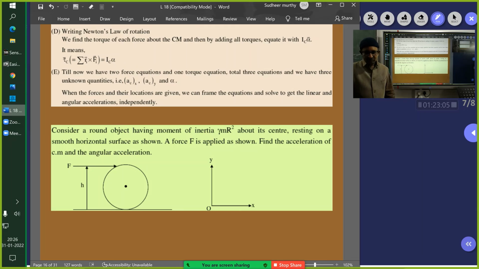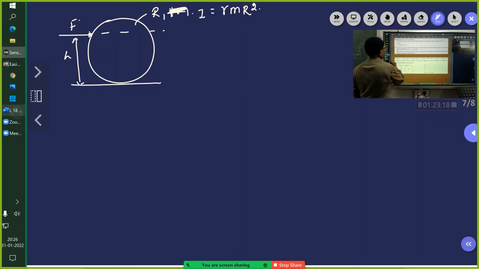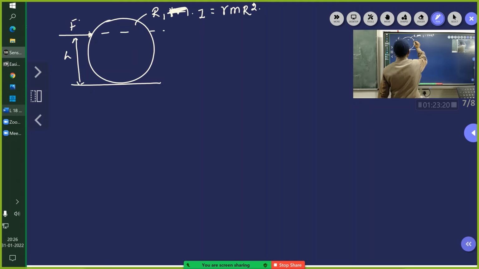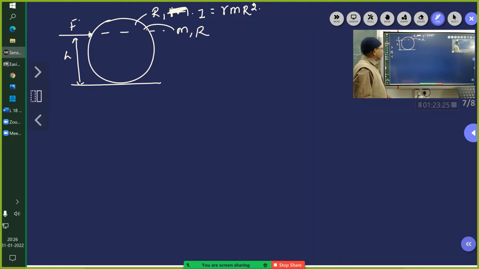Take the radius as r and the mass of the body as m, and the I they have given you. So take that and do. So this is r, therefore this distance will be h minus r.